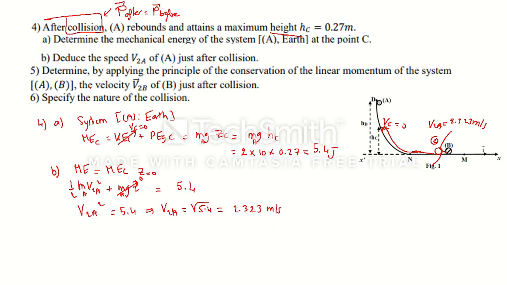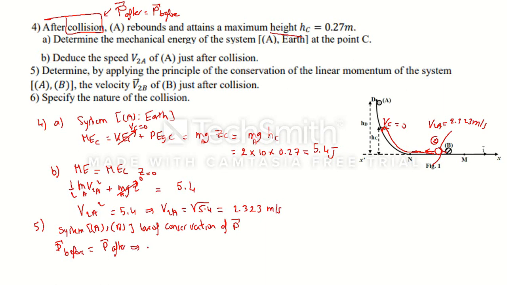Now, determine, by applying the principle of the conservation of linear momentum of the system AB, the velocity v2B of B just after collision. So here in part 5, we have to say that the system is A and B together and apply the law of conservation of P. This means that P before the collision is equal to P after.